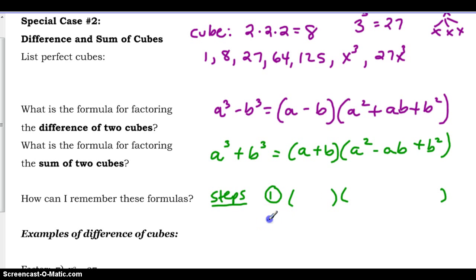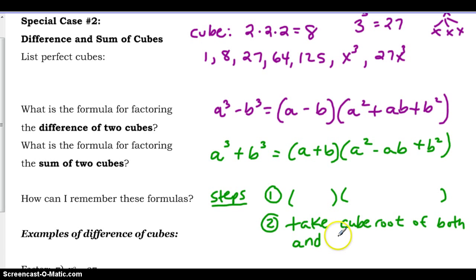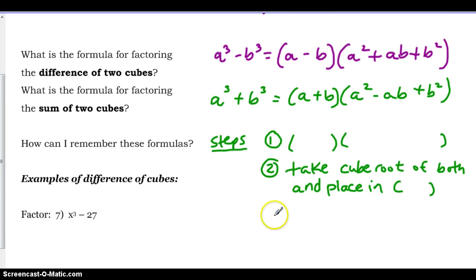My second step is I'm going to take the cube root of both items and place it in the small parentheses. So here. Our third step is going to be writing the signs down.